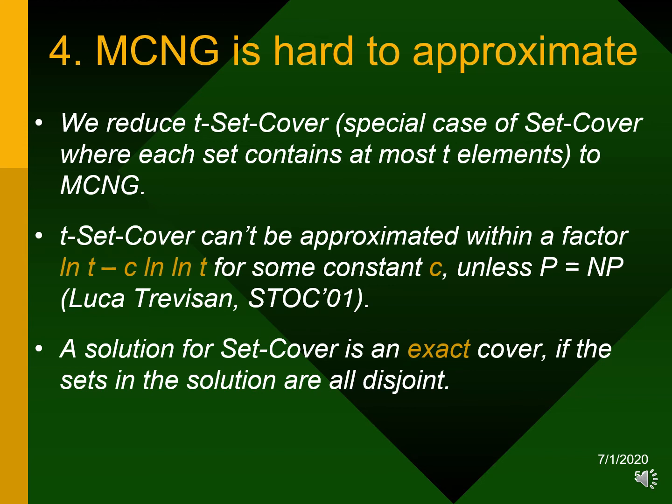T-set cover is a special case of set cover where every set contains at most T elements. While set cover is well known, T-set cover is, relatively speaking, less known.